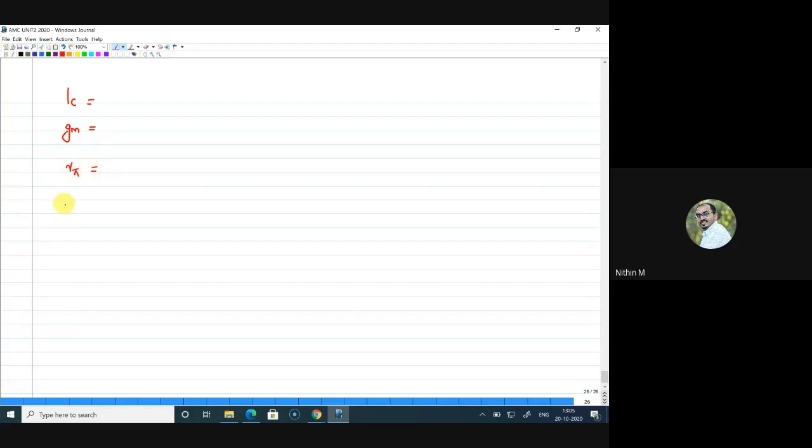Then I can go for change in collector current and change in base current. So the very first step is you are supposed to find IC. Yes, many are getting answers. Manjunath, Kirtana, Praveen, Pradyumna, Karthik, all are writing answers. So, how to find IC?